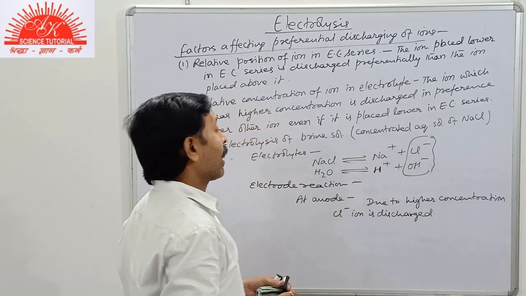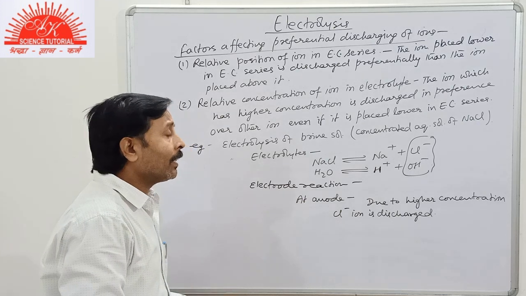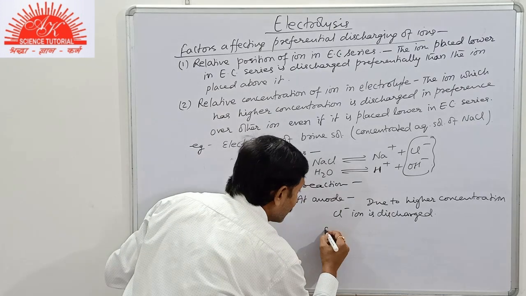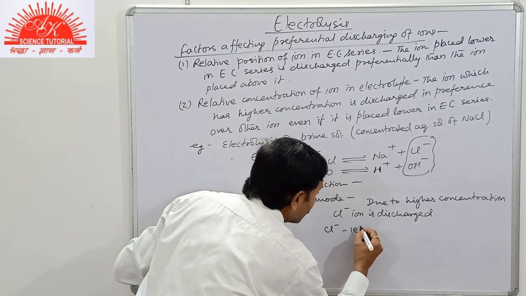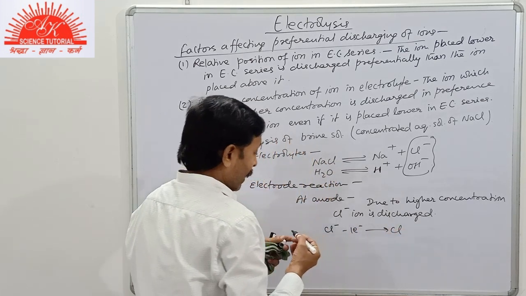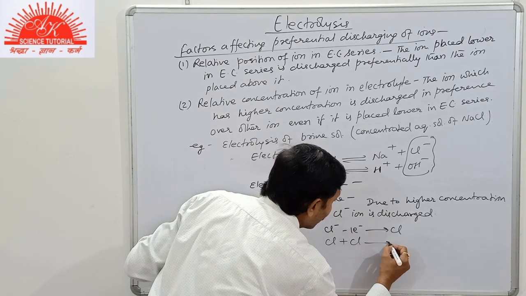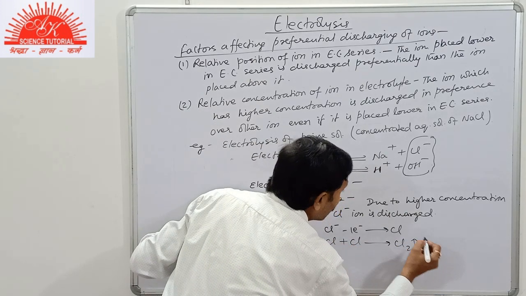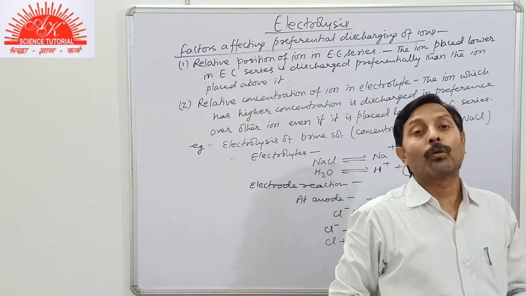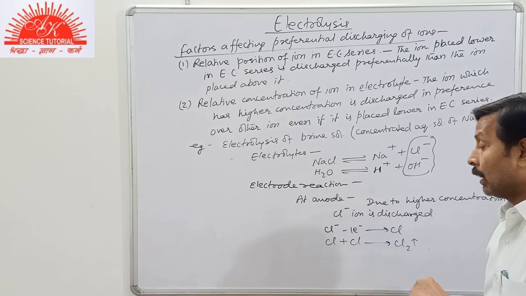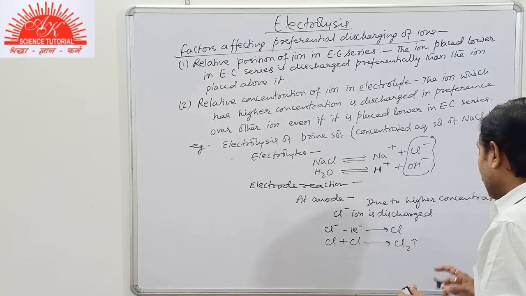That is, here there will be preference due to concentration. Hence Cl minus gives up 1 electron to give Cl, and being a diatomic gas, Cl plus Cl gives you Cl2. So at the cathode hydrogen gas is released, and at the anode chlorine gas is released.